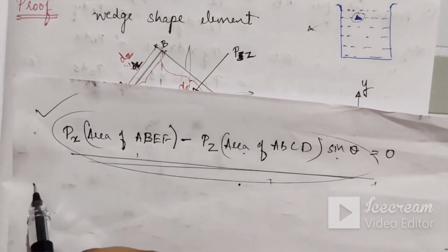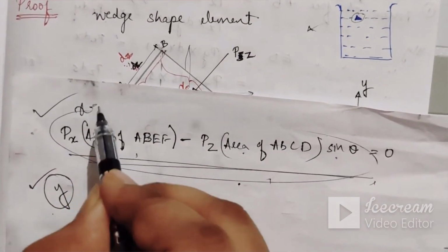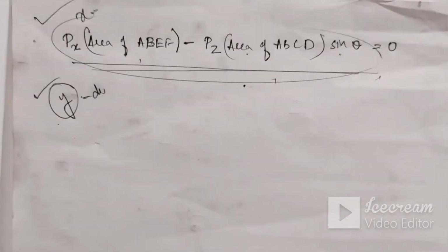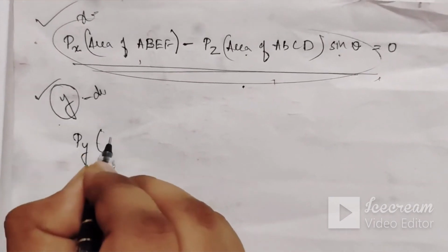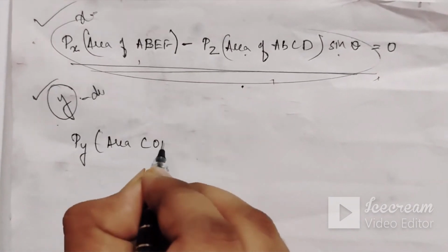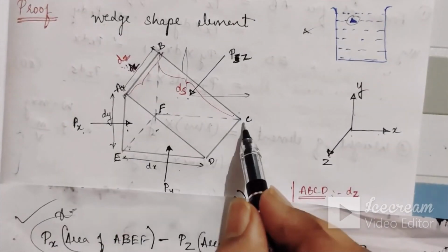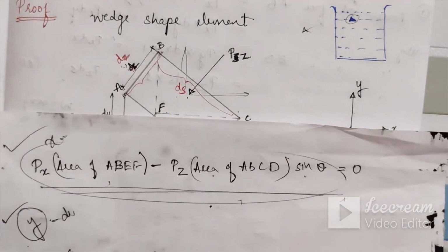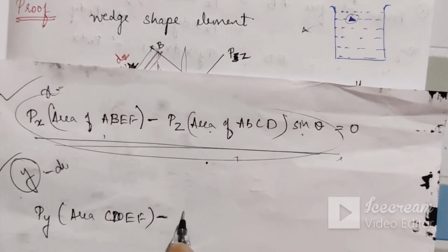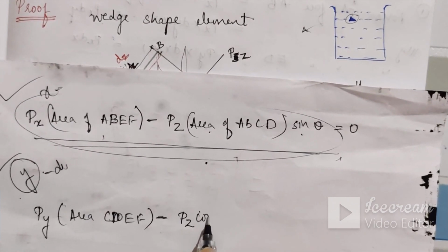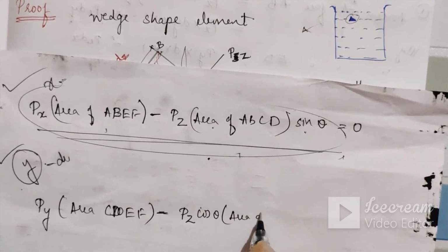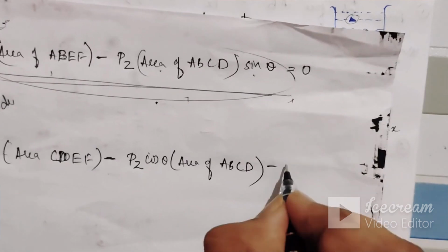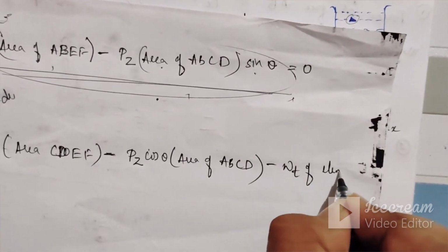You have to follow this in the y direction also, in the same way. That means py into the area of CDEF, minus pz into cos theta into the area of ABCD, minus the weight of the element.